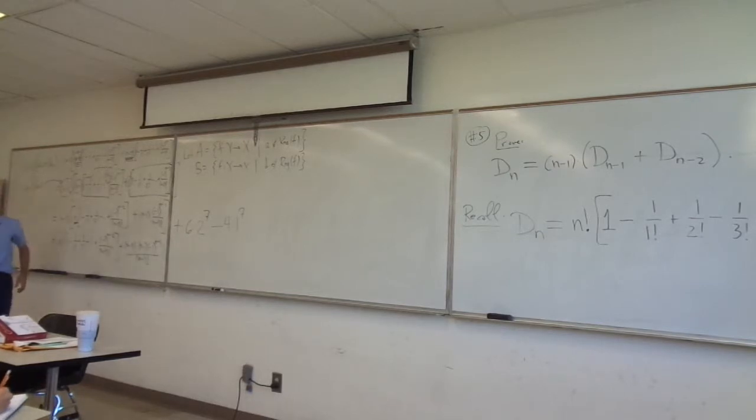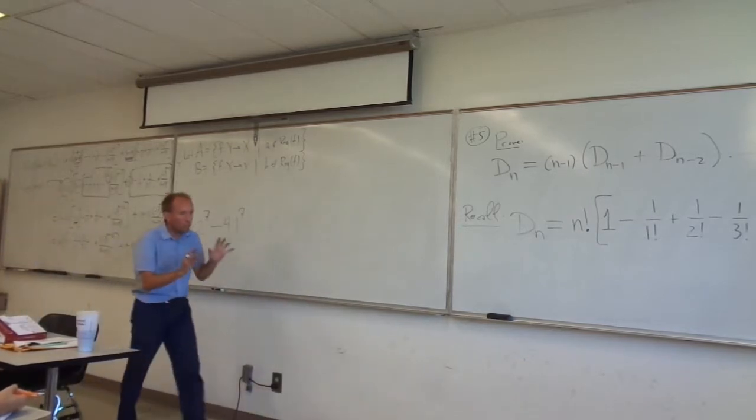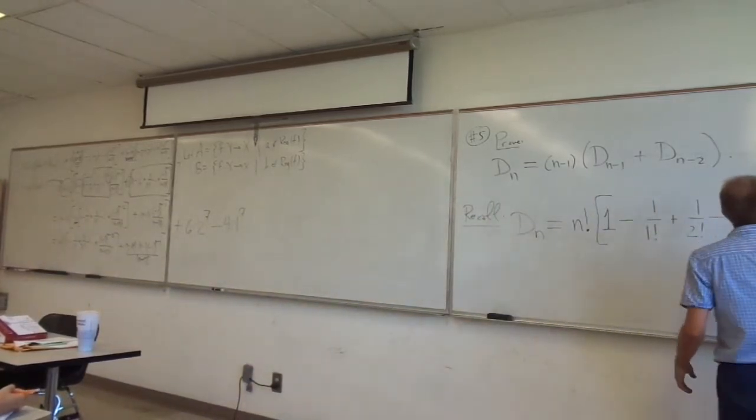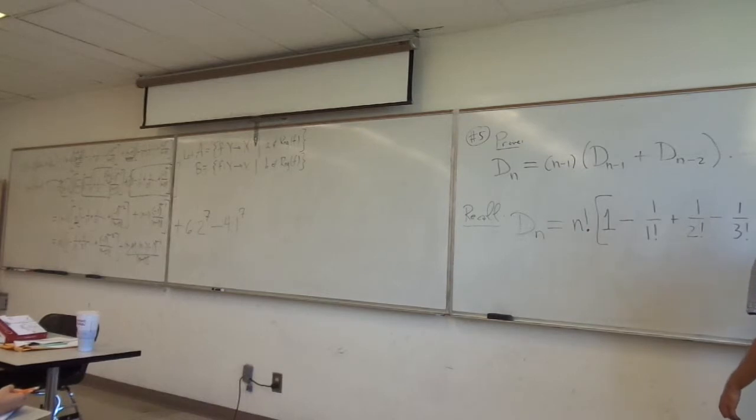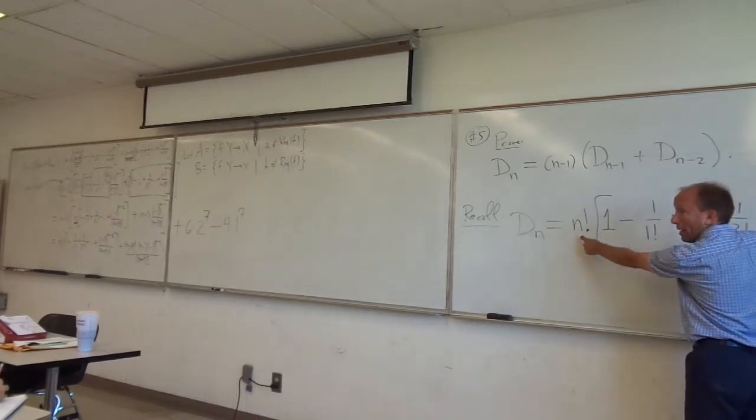Okay? Let's try it. First of all, I'm going to cancel n minus 1 factorial from the top and the bottom. And then, well, what terms am I actually missing over here? There's the term right before this one, right? These two terms, right? Well, what is this term? Don't forget it's being multiplied by n factorial.